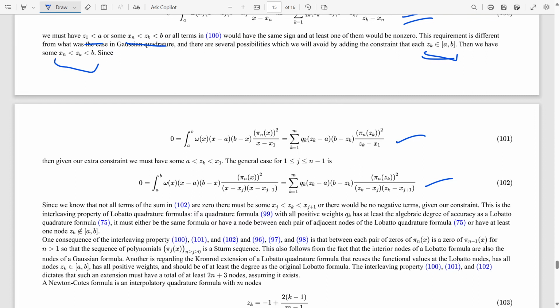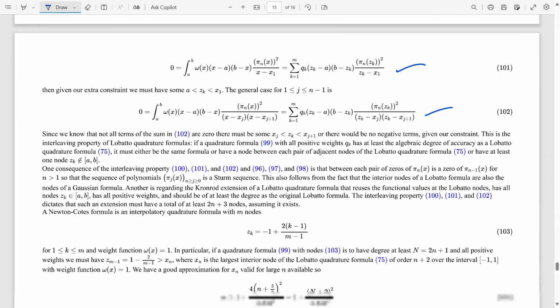So that means there's a node of the alternative quadrature formula between each pair of nodes, internal or boundary, of the Lobatto quadrature formula, or some node that's outside of the closed interval from a to b, in which case we're not interested.